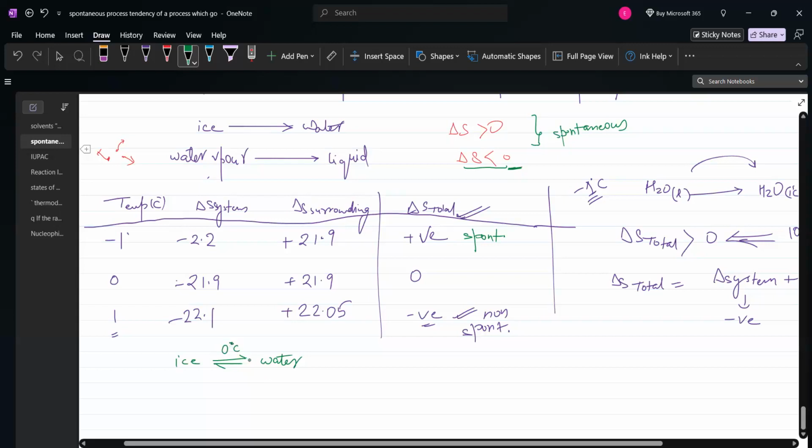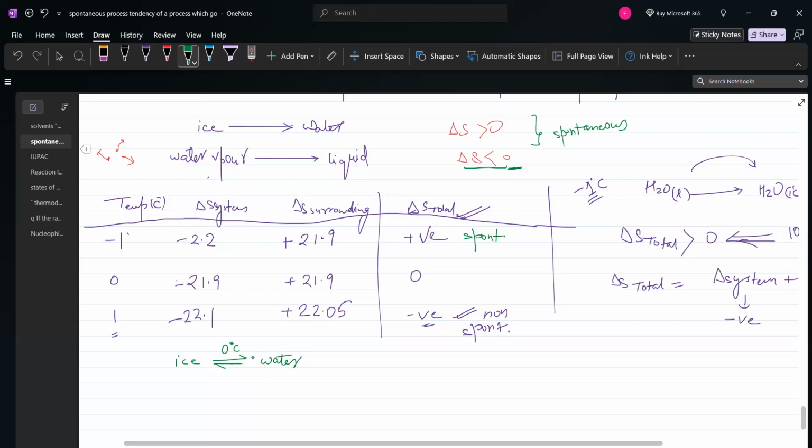Are you comfortable with that? Everyone? Are you not sure that at 0 degrees water can be present? What do you think?